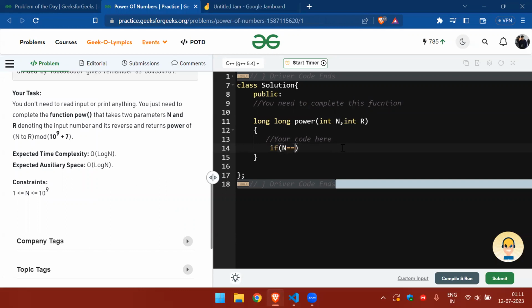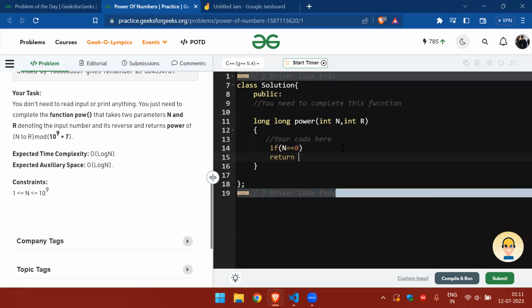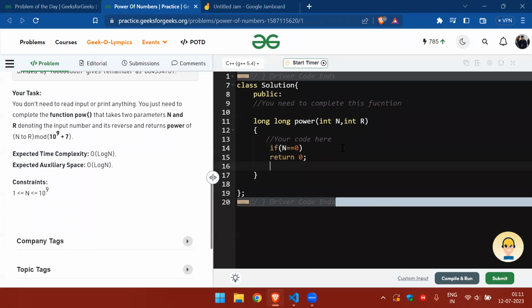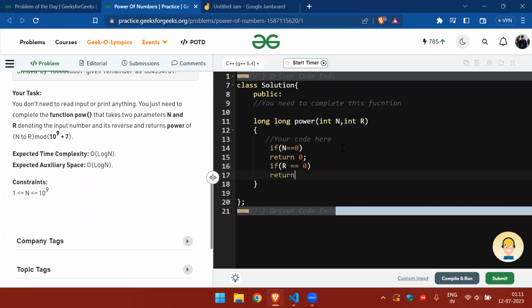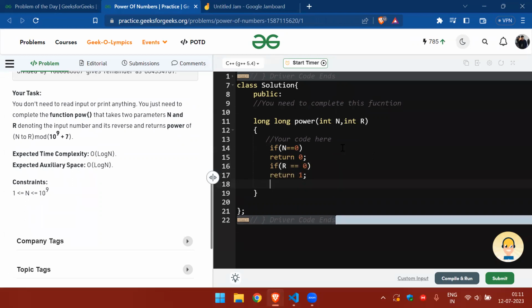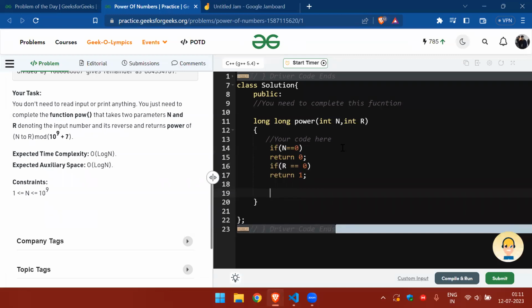If our n is 0, then we'll return 0, because 0 to any power is 0. Now if r is 0, then we return 1, because anything to the power 0 is 1. Now let's call the recursion.